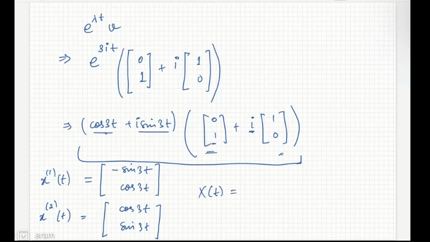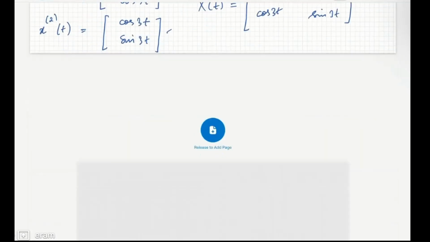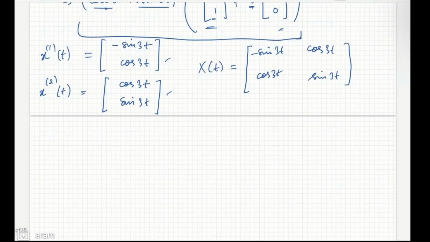Then what will be the fundamental matrix solution? We have to write them as column vectors. So it is minus sin 3t, cos 3t, cos 3t, and sin 3t. And then we have to find X(0).